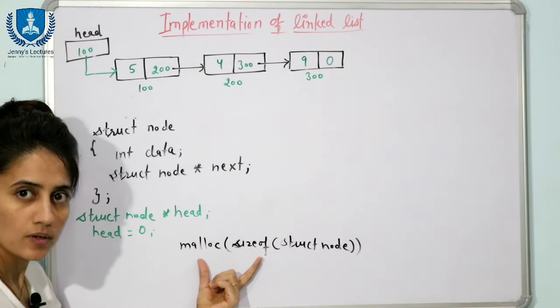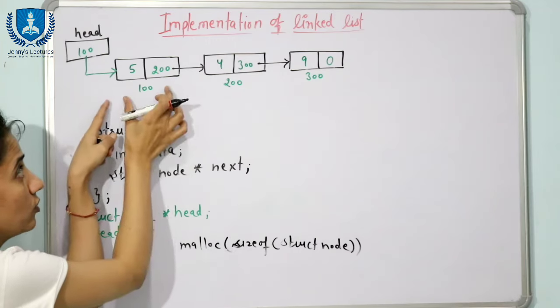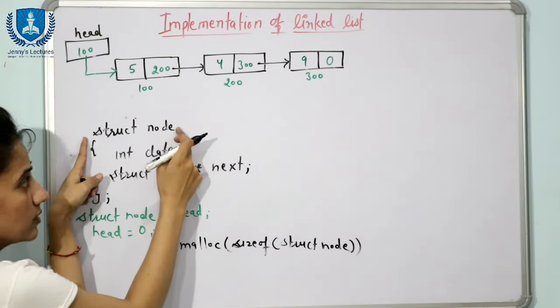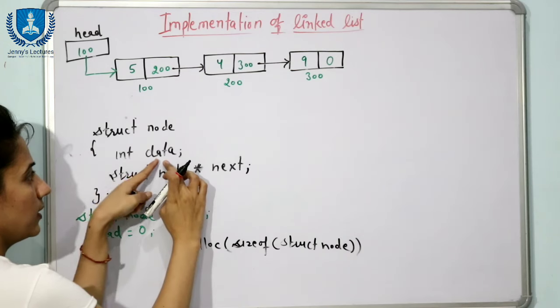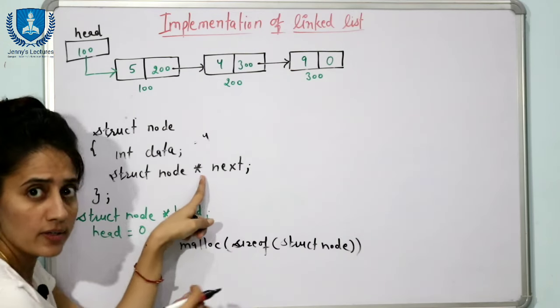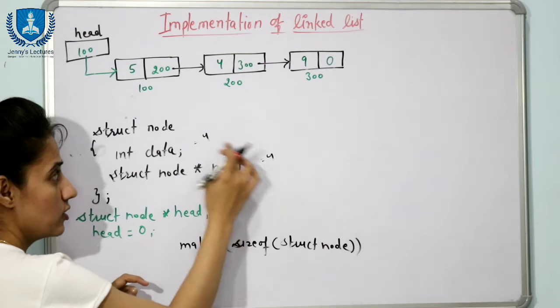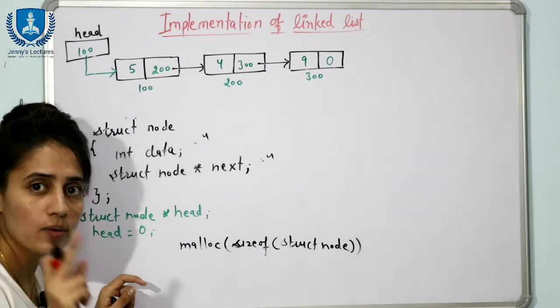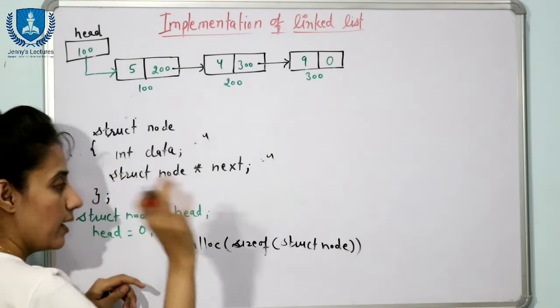So the size to be allocated is sizeof(struct node). In this struct node we have one variable data of integer type, that is 4 bytes, and one pointer. In a 32-bit compiler 4 bytes is allocated, in 64-bit 8 bytes. So 4 plus 4, that is 8 bytes. A complete block of 8 bytes would be allocated dynamically.